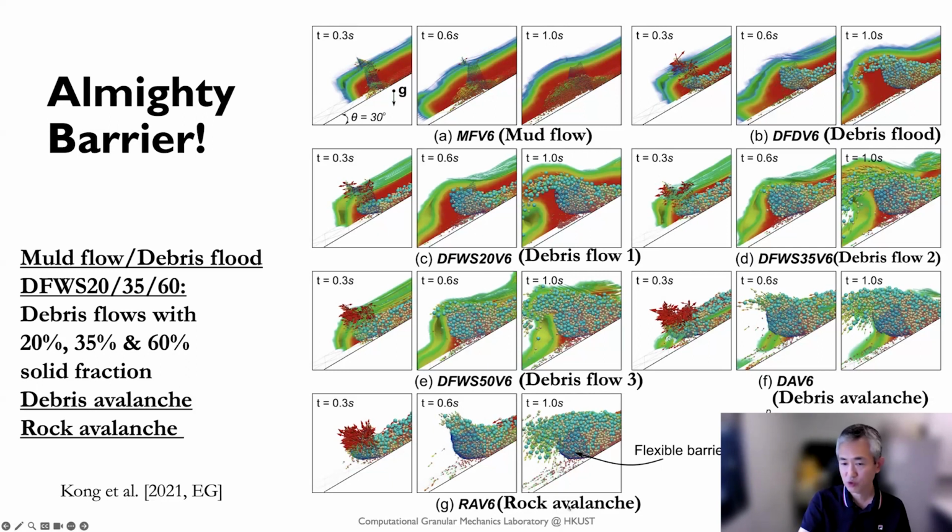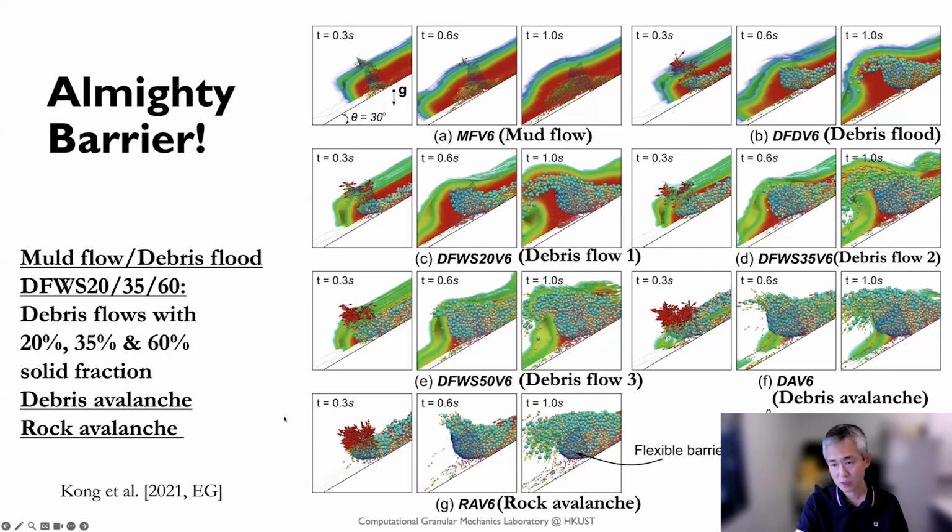Or we use a pure rock avalanche to impact it. So we can really generate different types of debris flow to test the performance of the same net barrier, how it would perform in resisting the different impacts here, right? So this is what we call an augmented barrier here.